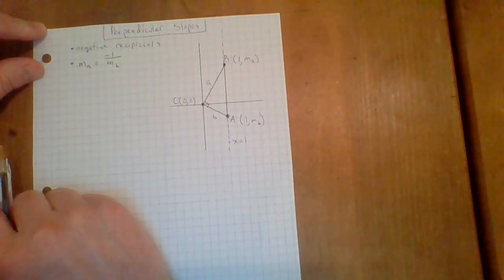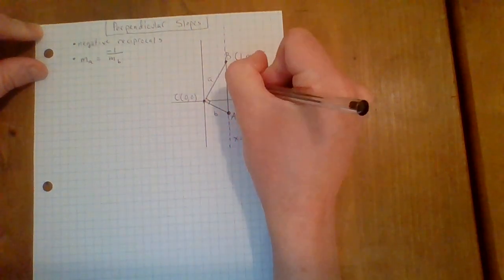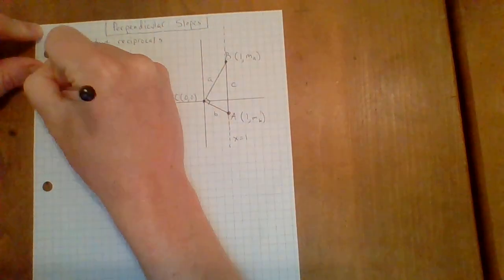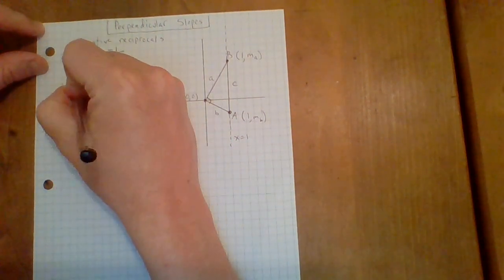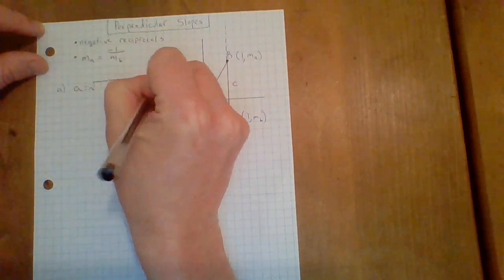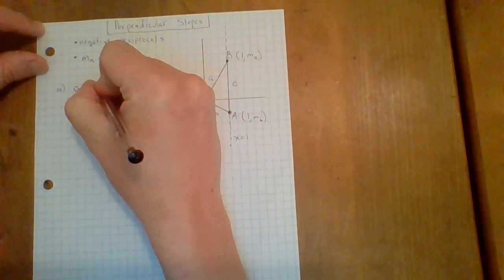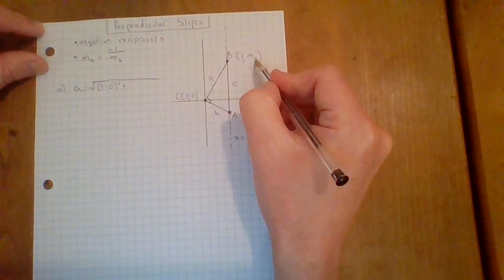Now in your worksheet, it says you're supposed to use the distance formula to calculate the distance of A, B, and C. And the distance formula, as I think you now know, says that a distance, like the length of segment A, is equal to the square root of the difference between the x's. So that would be 1 minus 0 squared plus the difference of the y's.